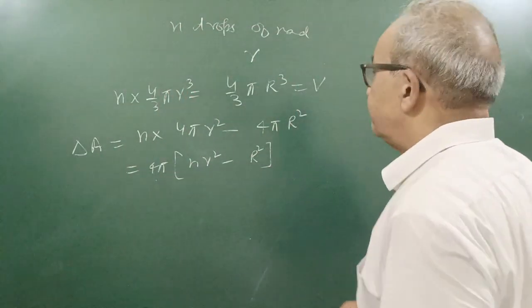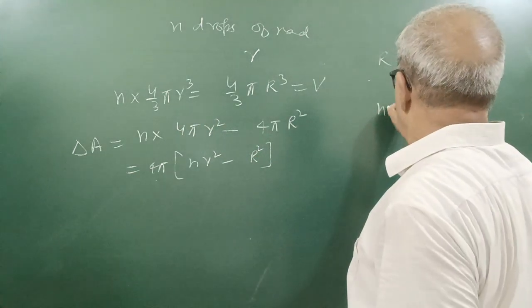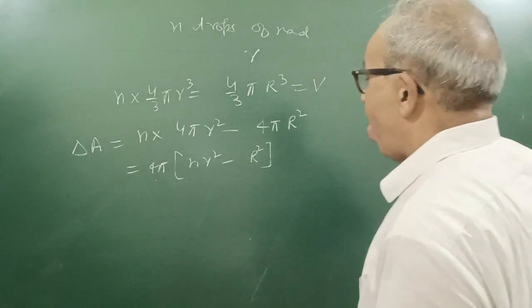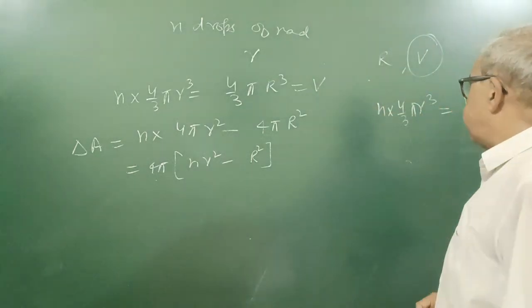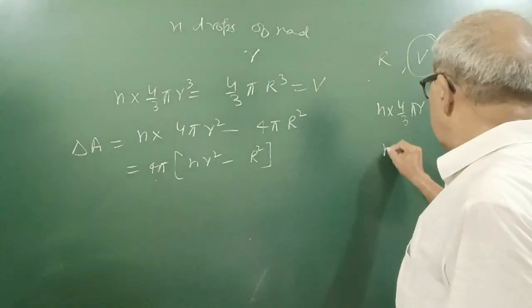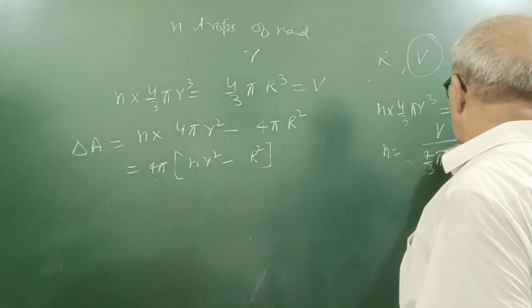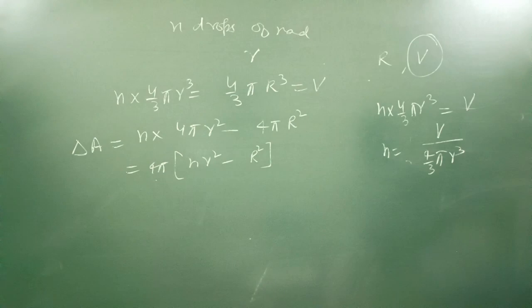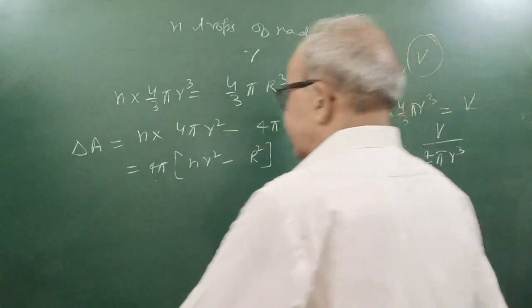Now see here, n into 4 by 3 pi r cube is equal to V, where V is the volume of the resultant drop. From here n is equal to V upon 4 by 3 pi r cube. So we have to put this value of n here.